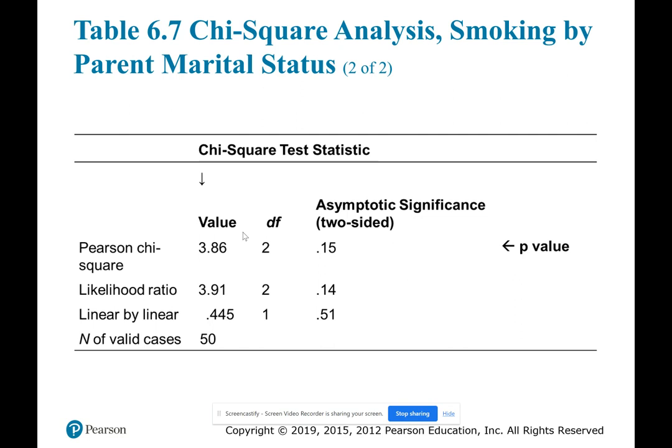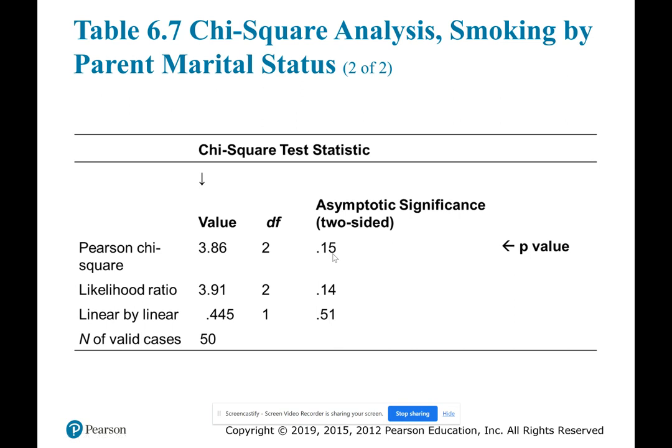So the Pearson chi-square test value is a 3.86. So here it is. This is an important number right here. With degrees of freedom, DF, of 2, with a resulting p-value, remember that's your probability or significance value, of 0.15. Okay, so that's important.